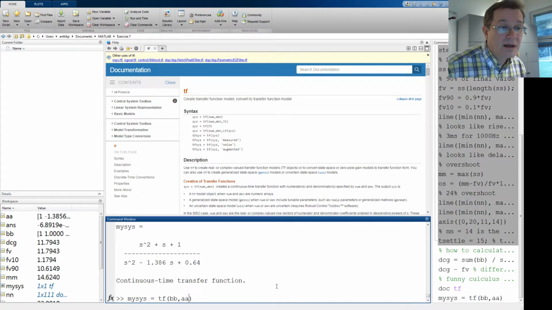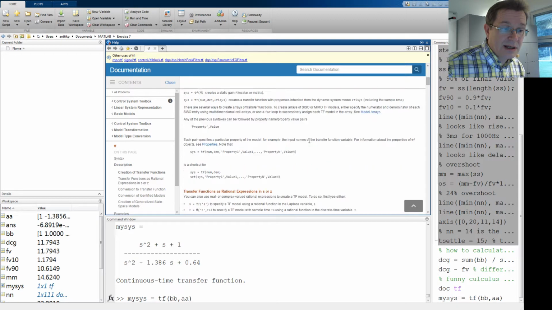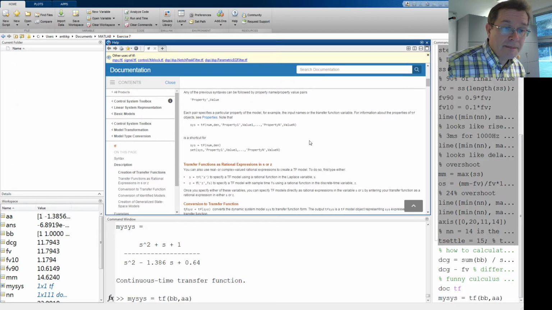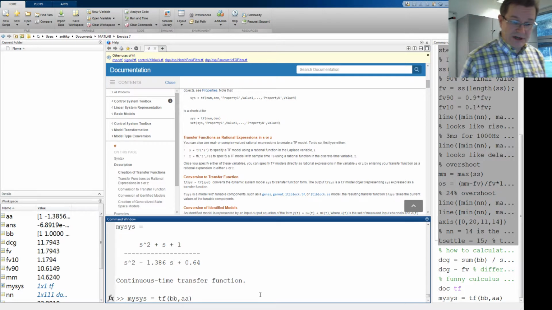Let's see. I think I need to tell it that this is actually a z transfer function, like this.